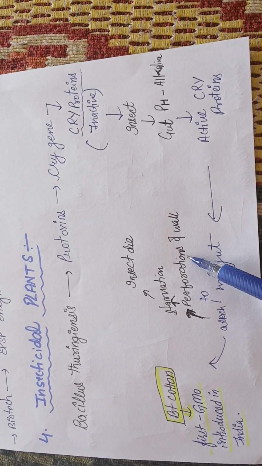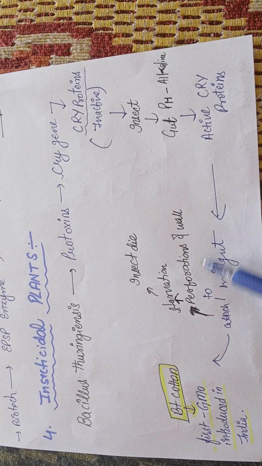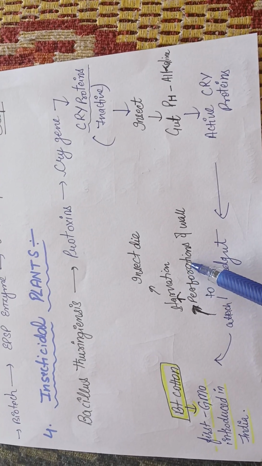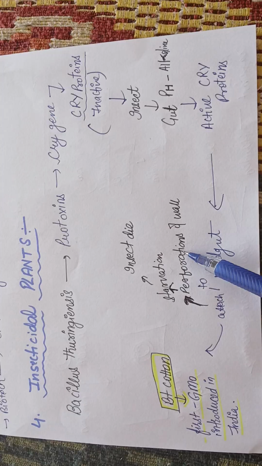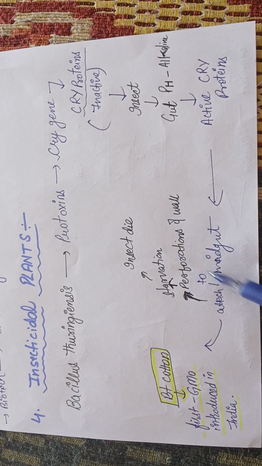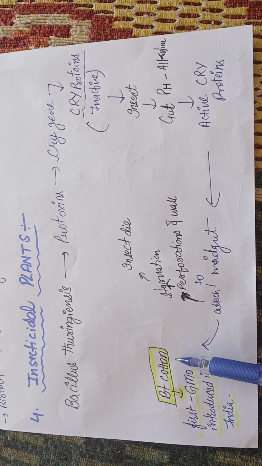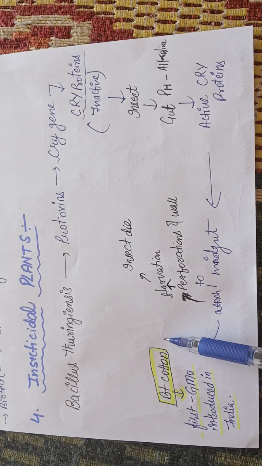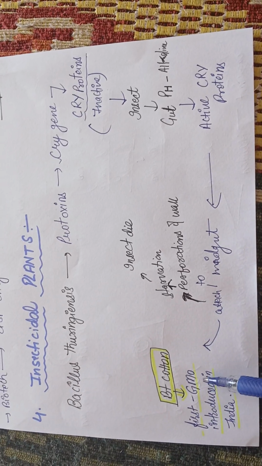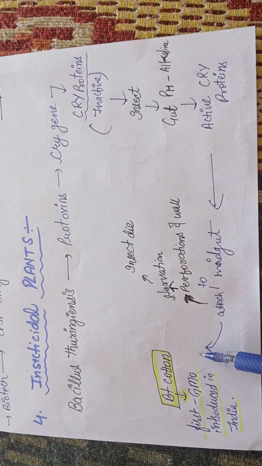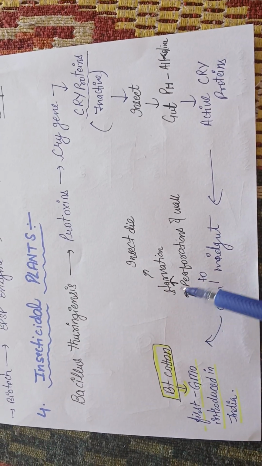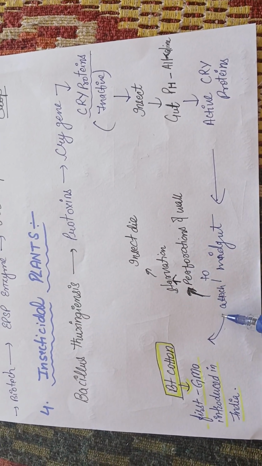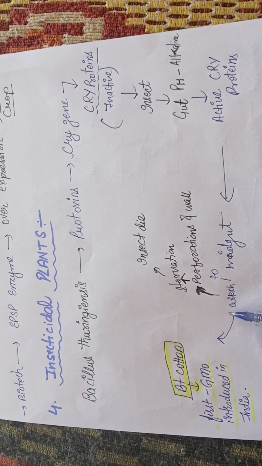This leads to the proliferation of the gut wall of the insect, and the insect is not able to digest or eat food and dies of starvation. This is very helpful. Bt cotton is the first GMO, a genetically modified plant, introduced in India.